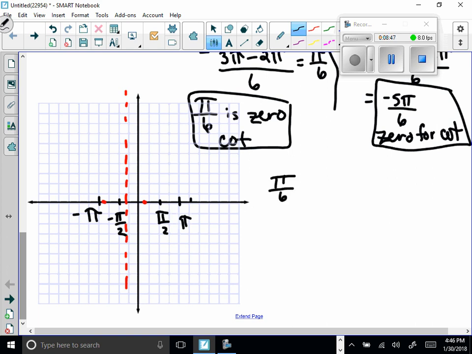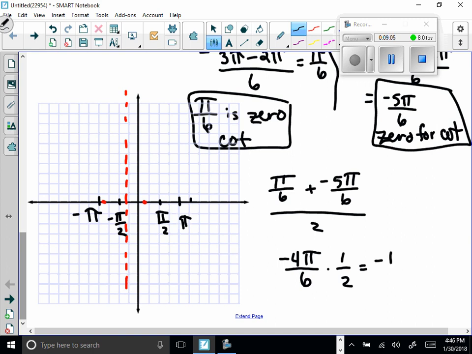I've got pi over 6 plus negative 5 pi over 6. And I'm going to divide that by 2. So I get negative 4 pi over 6 divided by 2. So that's times 1/2. And that is negative pi over 3 is where my asymptote is. So that's supposed to be at negative pi over 3.